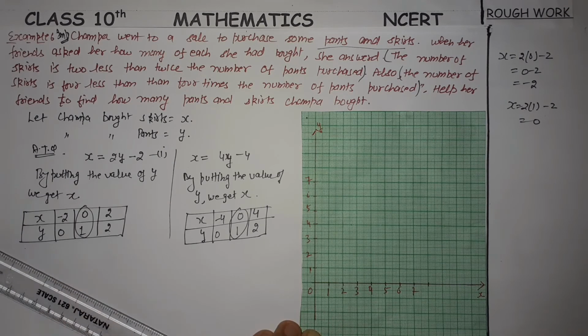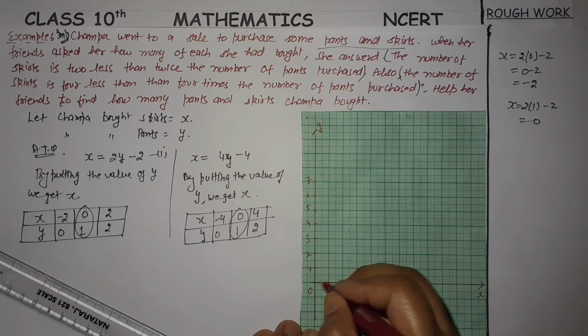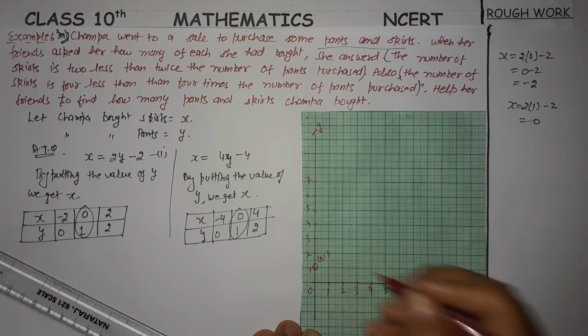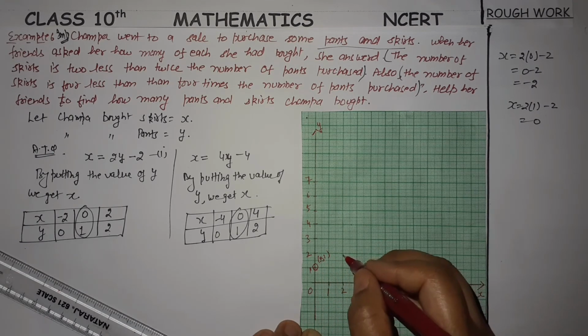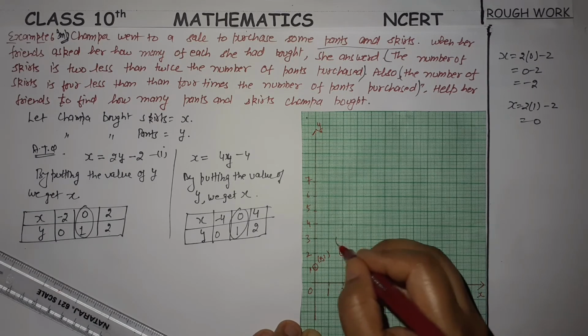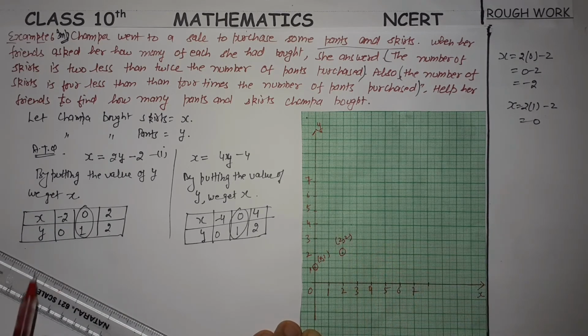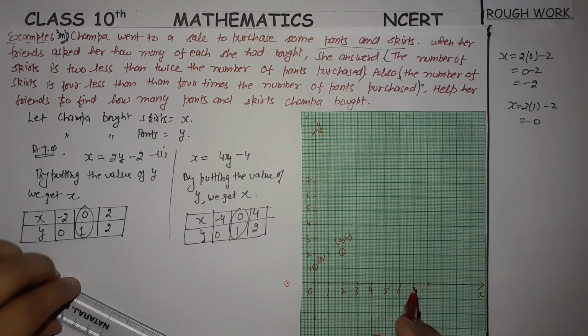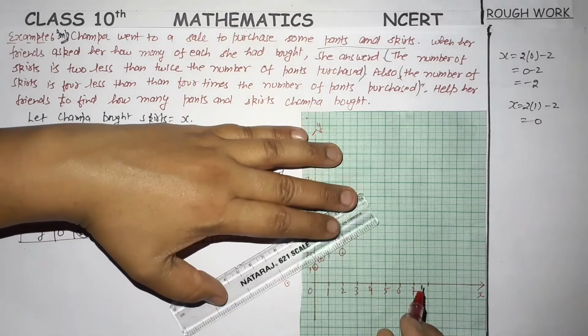First we plot this point x 0, y 1, x 2, y 2, x minus 2, y 0. Here it will come. Now join.